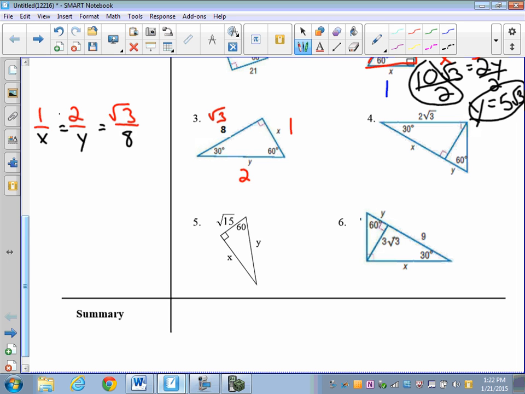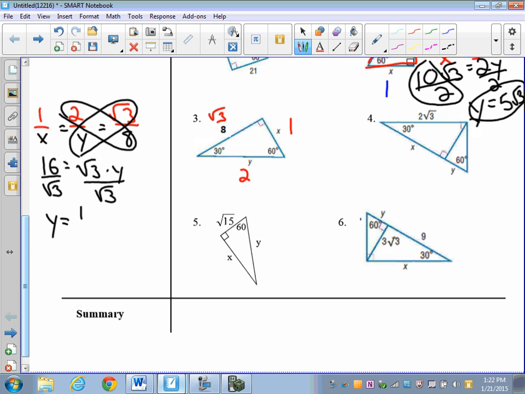So whenever I solve for y, 2 times 8 is 16, is equal to the square root of 3 times y. You have to divide both sides by the square root of 3, and we get y is equal to 16 over the square root of 3.